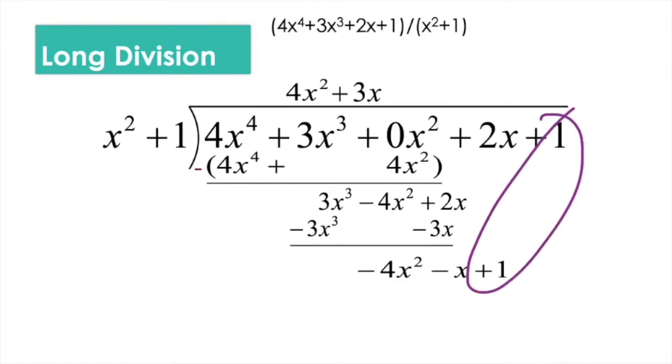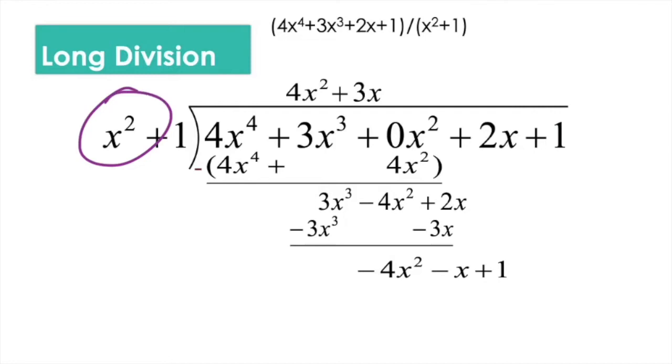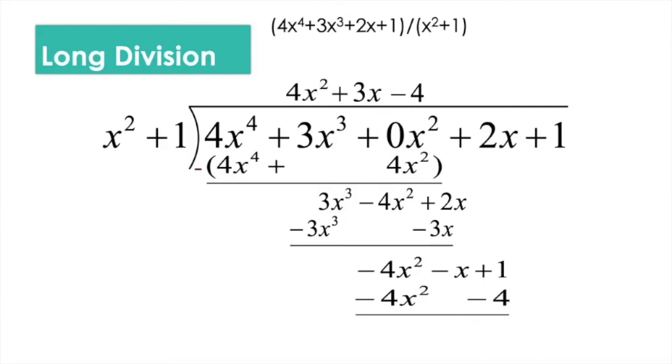Then we'll ask ourselves the question, x squared times what gives us negative 4x squared? It will be negative 4. When we multiply the negative 4 to both the x squared and the 1, we will get negative 4x squared minus 4. We will change the signs because we're going to be subtracting.